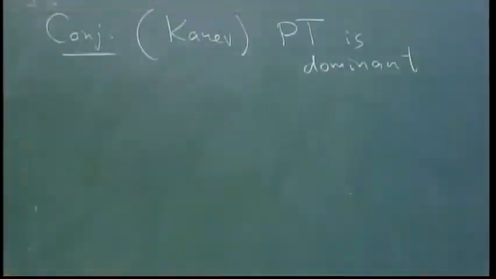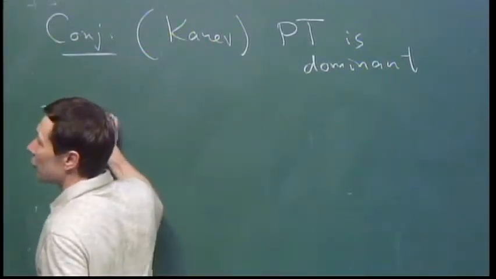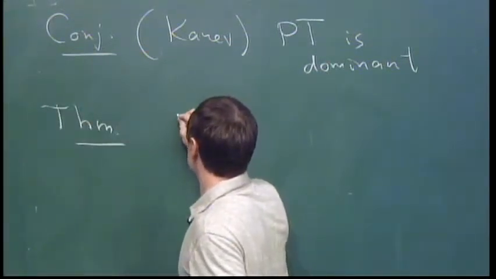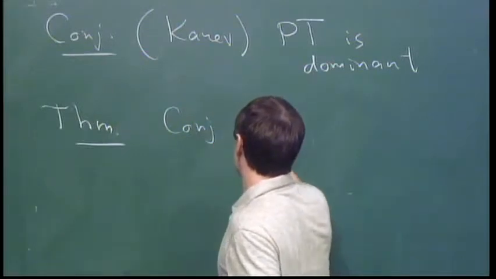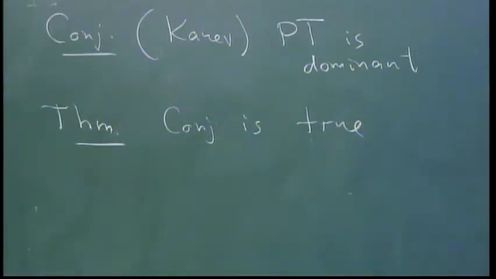And this is an old conjecture, from at least the 1980s, mentioned in some published papers, etc. Okay, so the theorem for part one of this talk is that this conjecture is true. And that's what I'm going to talk about next.